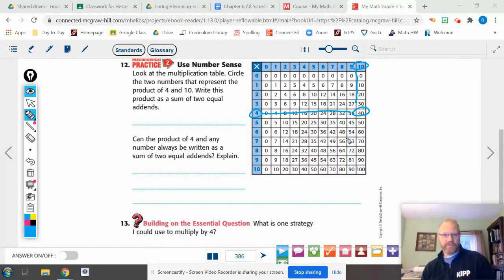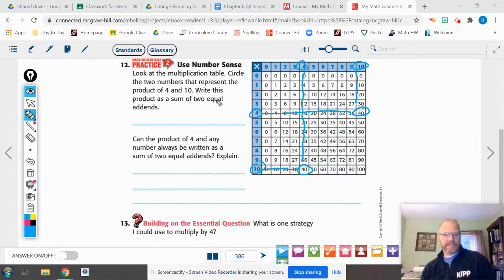There's the product of 4 and 10. Now, there's 2 times that this happens. We have 4 times 10, and then we have this one, 4 times 10. So when they say circle the two products, these are the two products that represent 4 times 10.